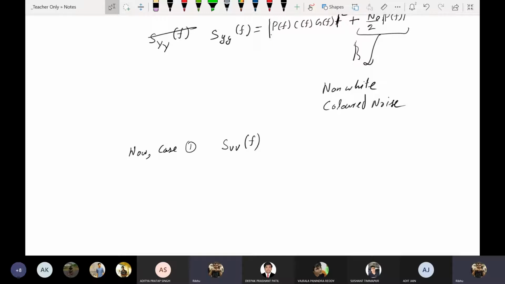Noise is a random signal. If you remember, in the last semester we spent a lot of time developing these frequency domain interpretations of random signals. Remember? Yes, sir.